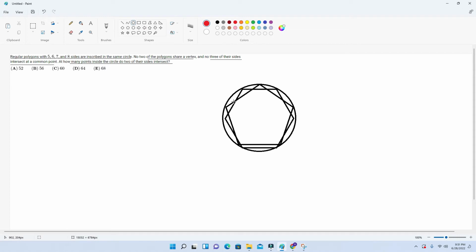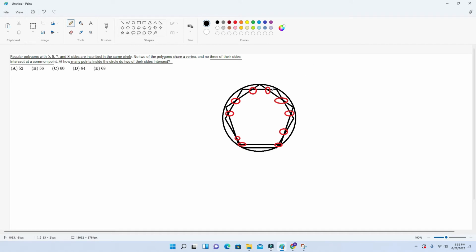So now we should try to count the number of points that these two regular polygons intersect at. So doing that, we just count. So here I've counted up the number of points that they've intersected at, and we can actually see something pretty neat.